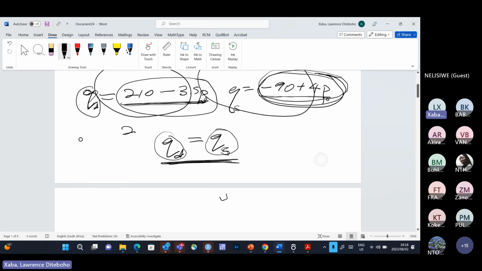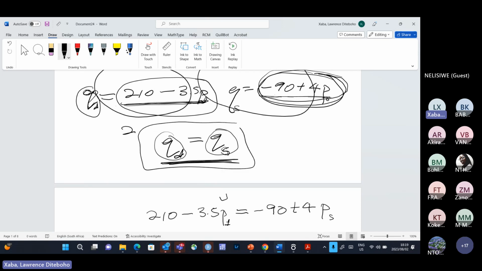So now we are saying 210 minus 3.5P equals to, remember, the left-hand side represents Q subscript D. The right side of our equation will be represented by negative 90 plus 4P subscript S. This side represents the quantity of demand, and this is the quantity of supply from the given equation.